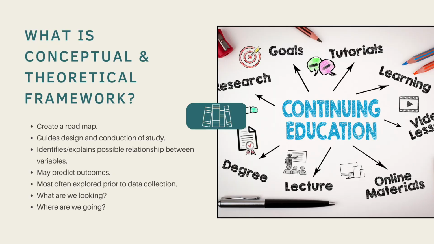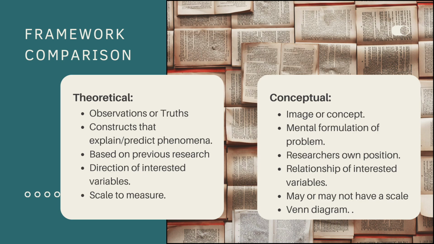So as we move into conceptual and theoretical framework, again, really understand that it is a framework, it's a roadmap. It's helping me build the design of this study and helping you understand why and how things might be connected. So you'll see theoretical and conceptual frameworks separated very clearly here, helping you understand the big difference between them. Theoretical is based on previous research, we can measure it.